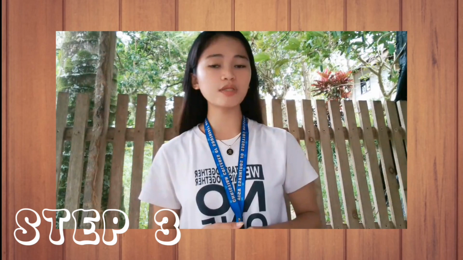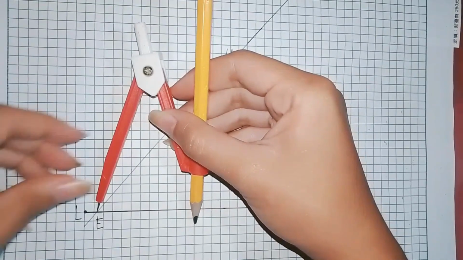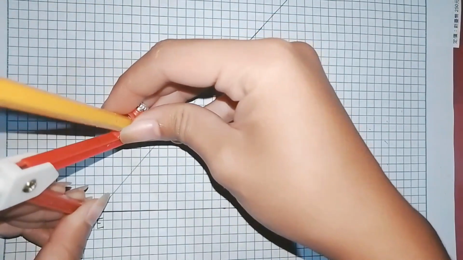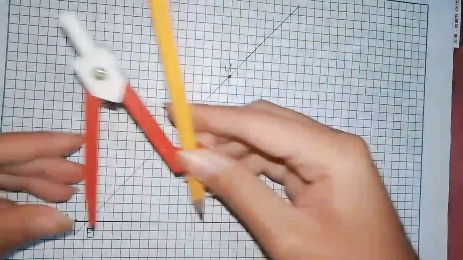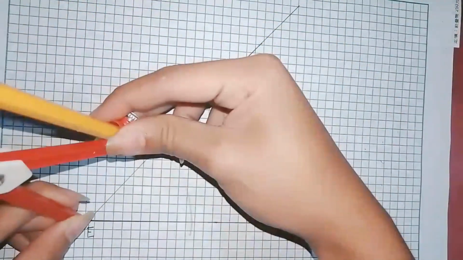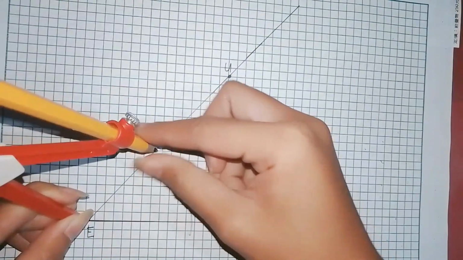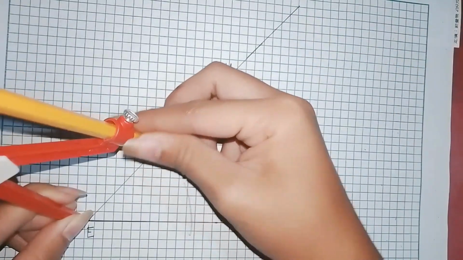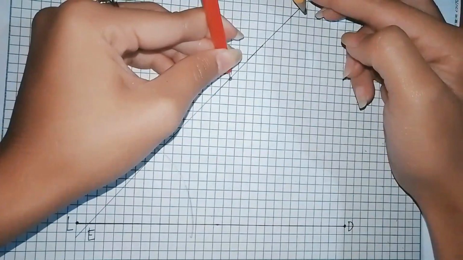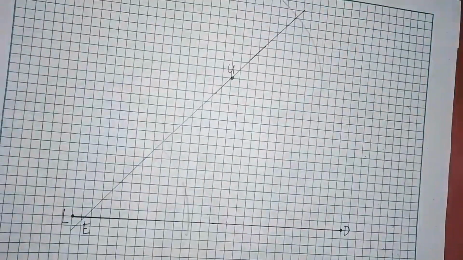Repeat it by putting the compass pointer at point U. Step 4.